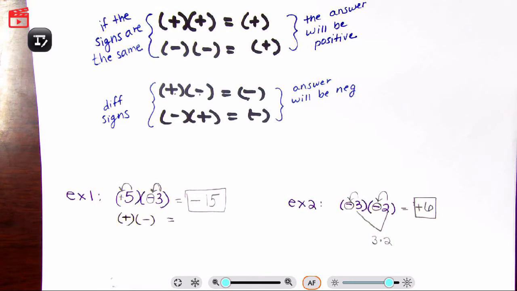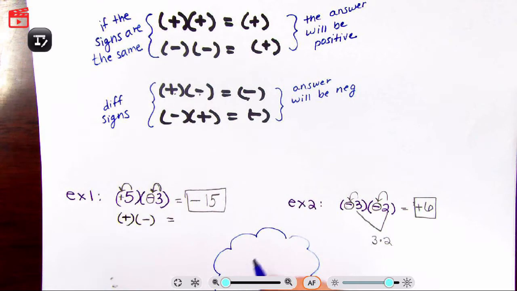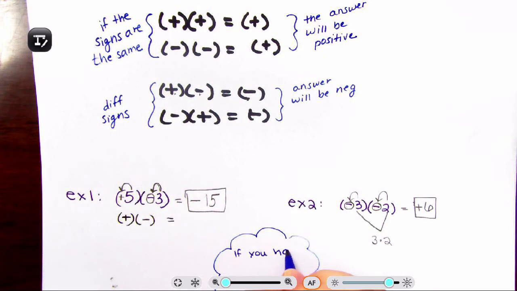Let's do a thinking bubble. So if you have an odd number of negatives, so that means if I have 1 negative, 3 negatives, 5, 7, 9, the final answer is negative.